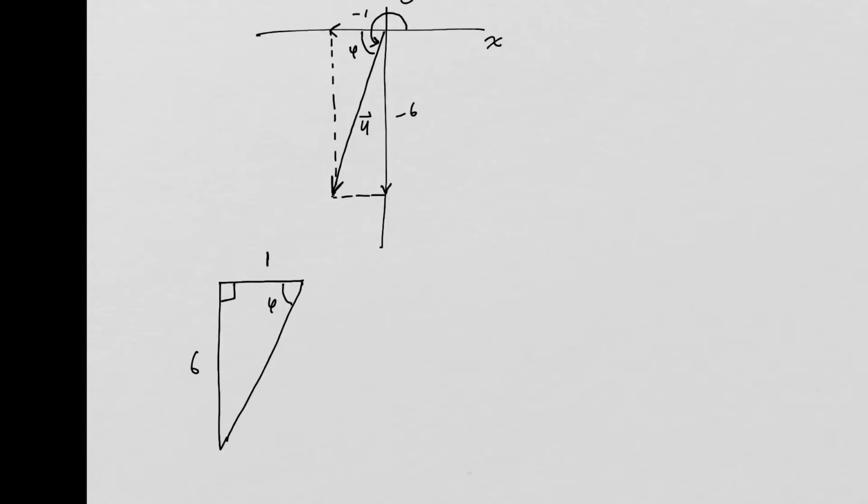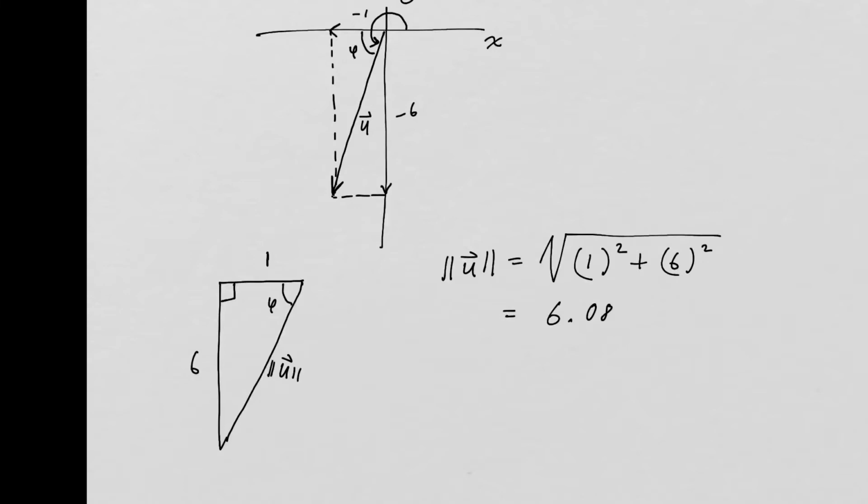And I want to figure out the magnitude of u. How do I do that? Pythagorean theorem, right? So the magnitude of u is going to be the square root of 1 squared plus 6 squared. And if you work that out, you're going to get 6.08. Right, so that's the magnitude.